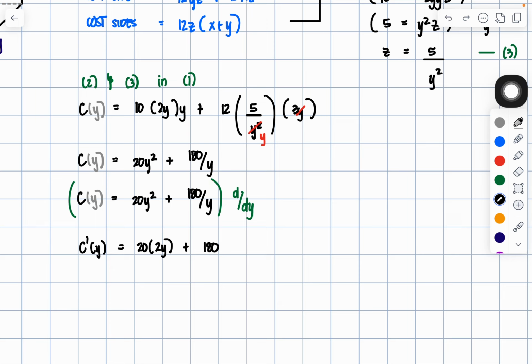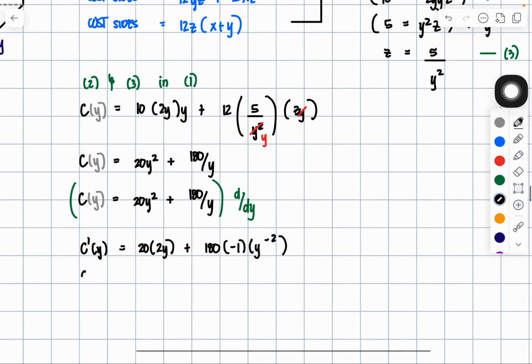So, pag kukunin ko yung derivative nun, we have negative 1, y raised to negative 1 minus 1. That would be y raised to negative 2. So, let's simplify this para mas maganda tignan. 20 times 2, that would be 40y minus 180 divided by y squared.